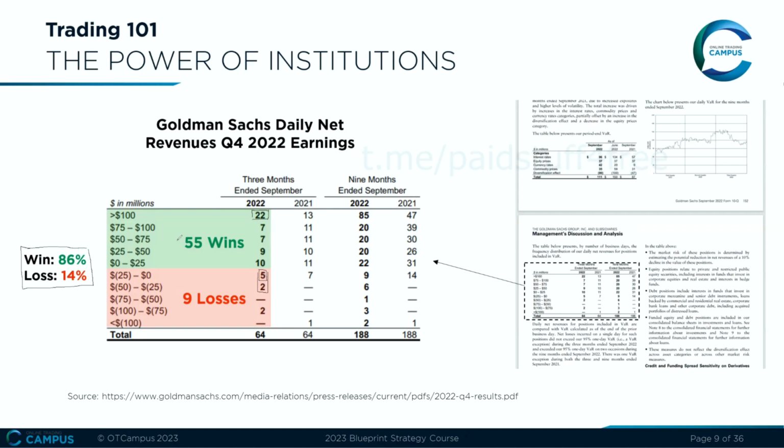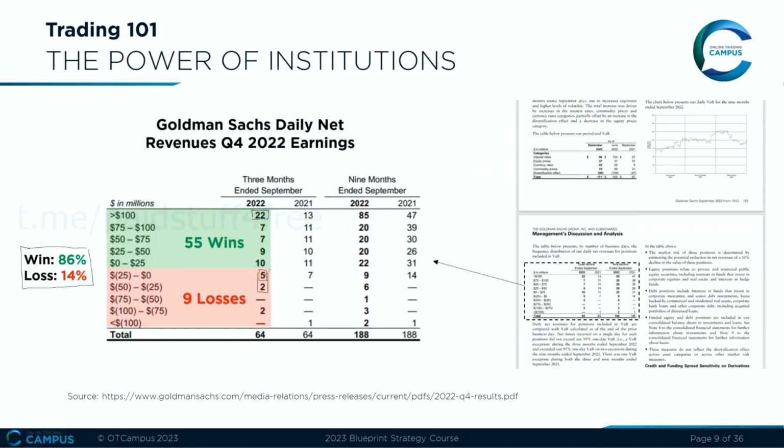Most of their trades were extremely profitable. It's not just that they're winning more times than they're losing, but every time they're winning, they're making at least 4 times as much as they're risking.